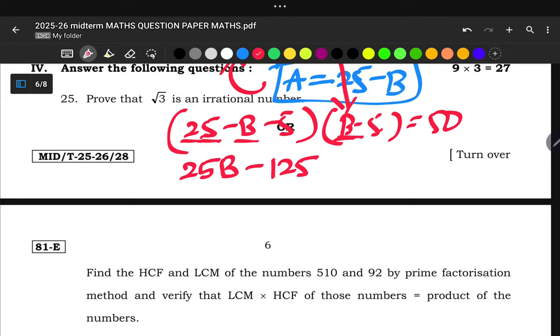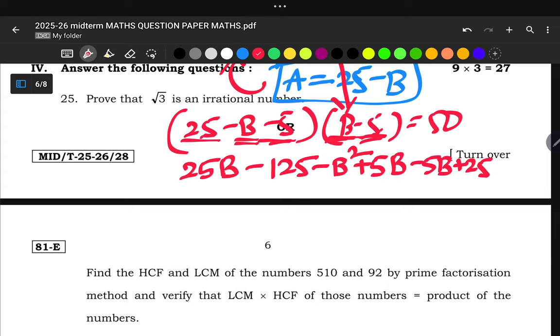Now minus B into B, minus B square, and minus B into minus 5 plus 5B, and now here minus 5 into B, minus 5B, minus 5 into minus 5 plus 25, and transpose this 50 to the left side, it will become minus 50 equals 0.